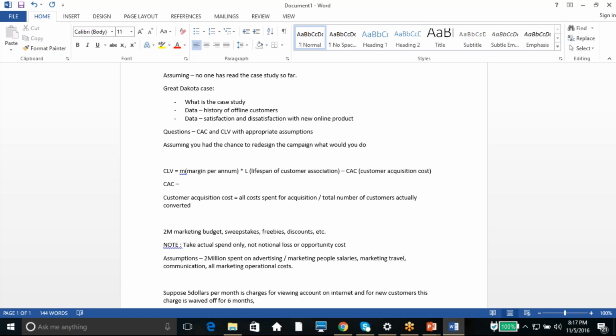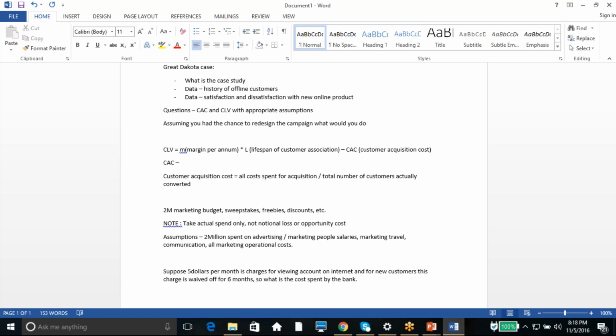So what is the cost that is spent by the bank? So $5 per month is charged for viewing the account on internet, and for new customers this charge is waived off for 6 months. So what is the cost spent by the bank?